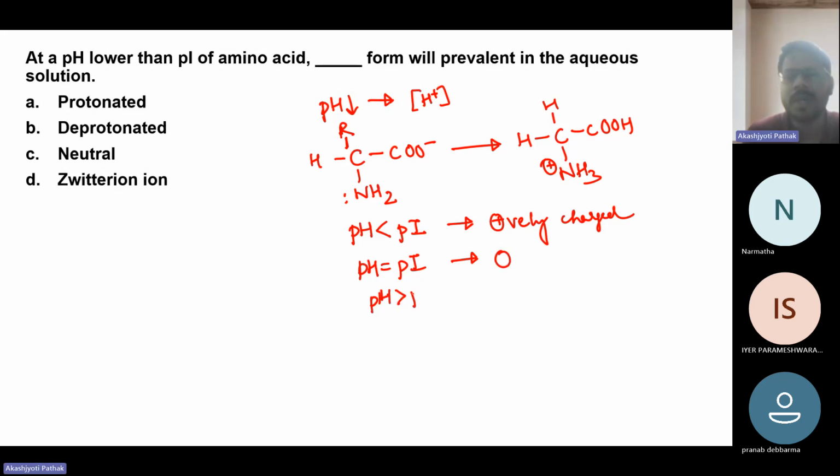Because as you keep on increasing the OH- concentration or decreasing the H+ concentration of the solution, these ionizable groups also lose their protons, and the net charge that remains on the amino acid is -1. Okay, the answer is protonated.